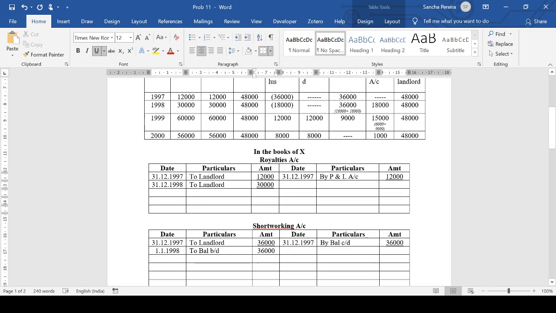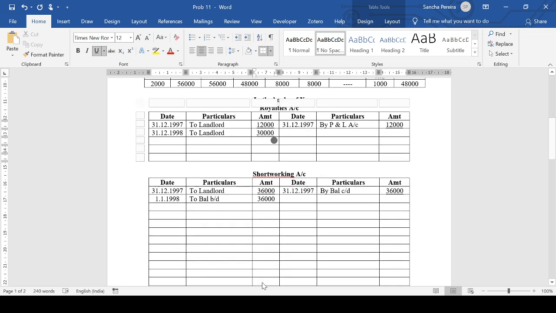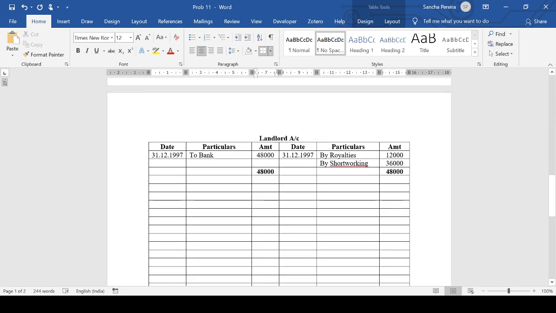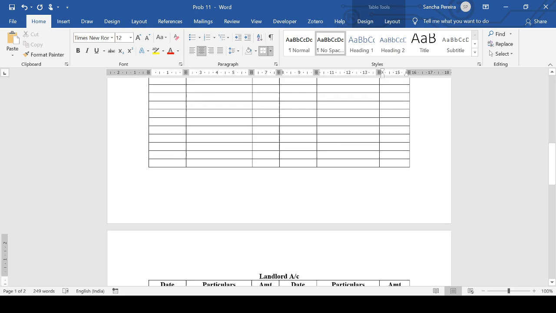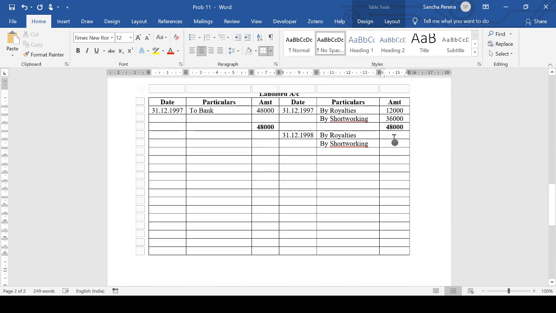Short working is 18,000. In the landlord account we will have by royalties and by short working, 30,000 and 18,000.